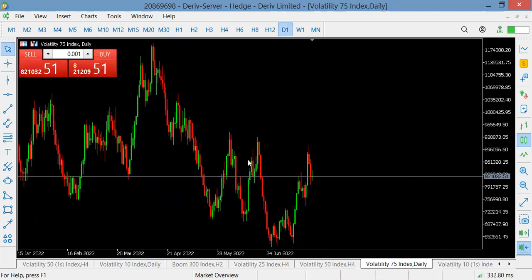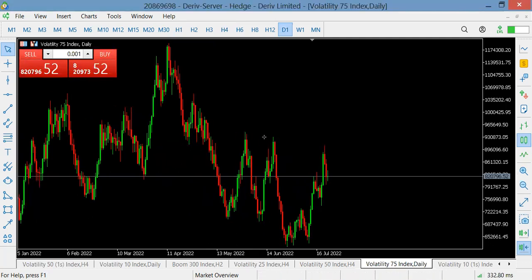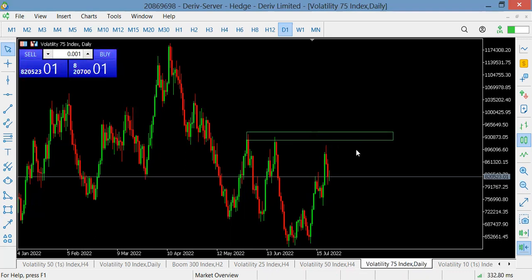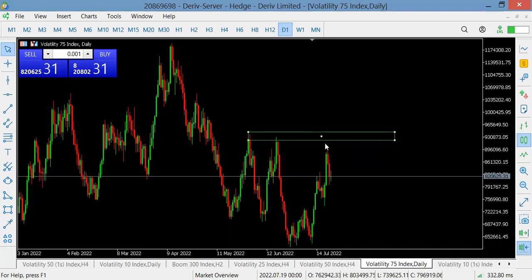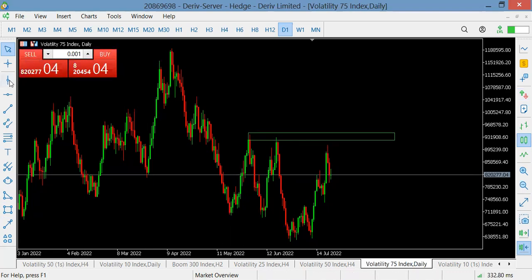Now guys, you need to understand that you don't just come onto the chart and mark out support and resistance, mark out trend lines, and then feel as though price should just respect your trend line alone, or your Fibonacci alone.